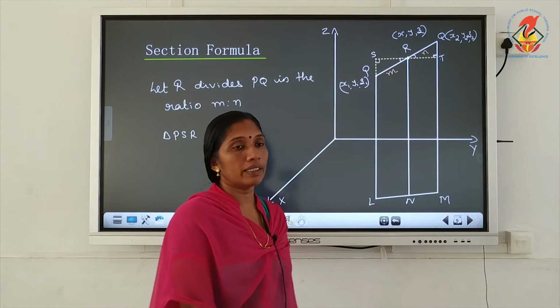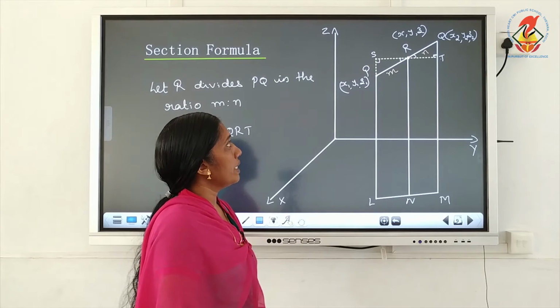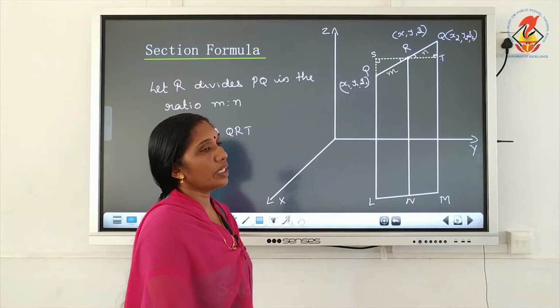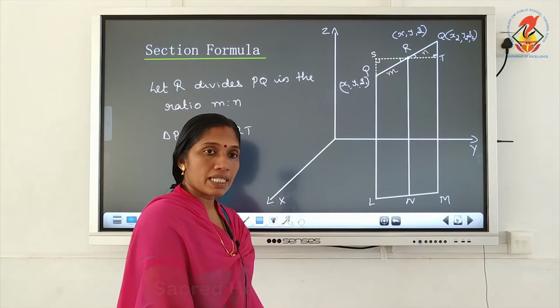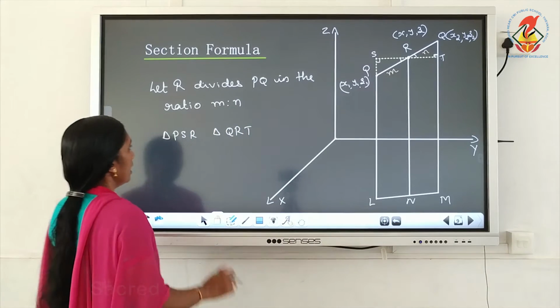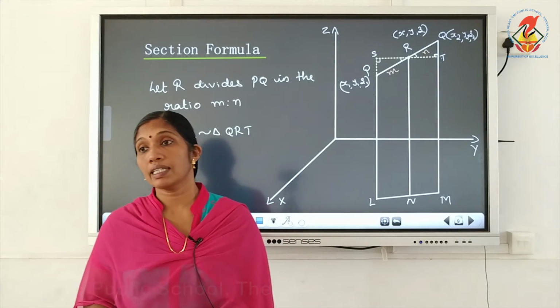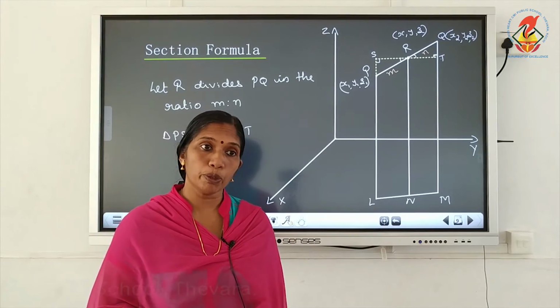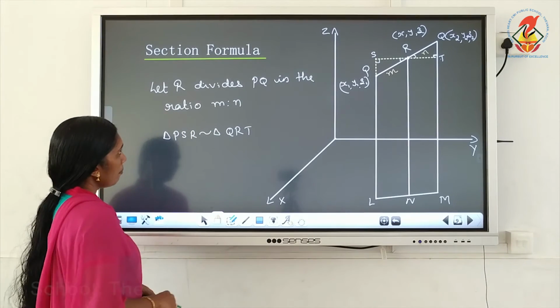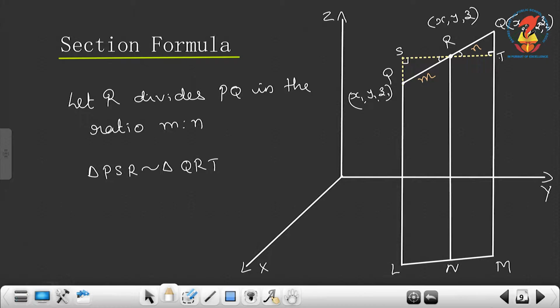That is, two angles of triangle PSR and triangle QTR are equal, which means the triangles are similar. If two triangles are similar, then their corresponding parts are proportional. So corresponding parts, we can write PS by QT equal to SR by RT equal to PR by QR.